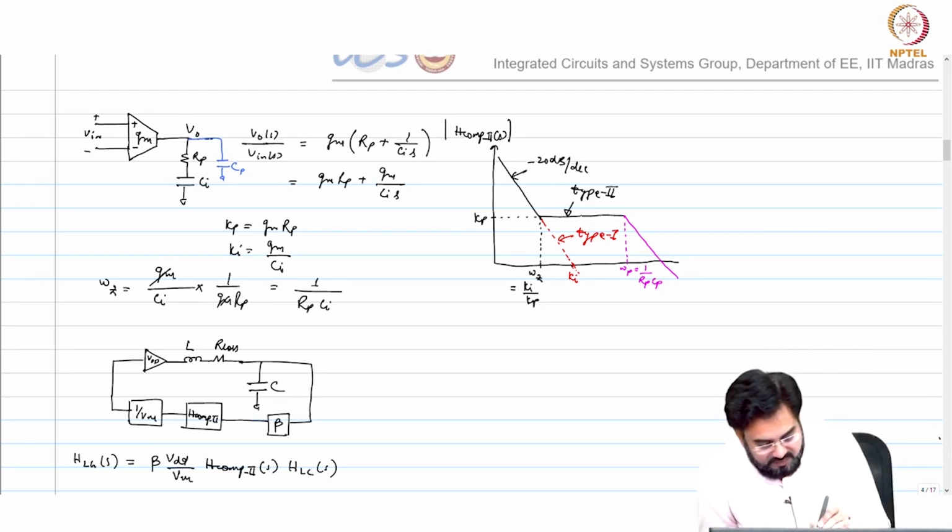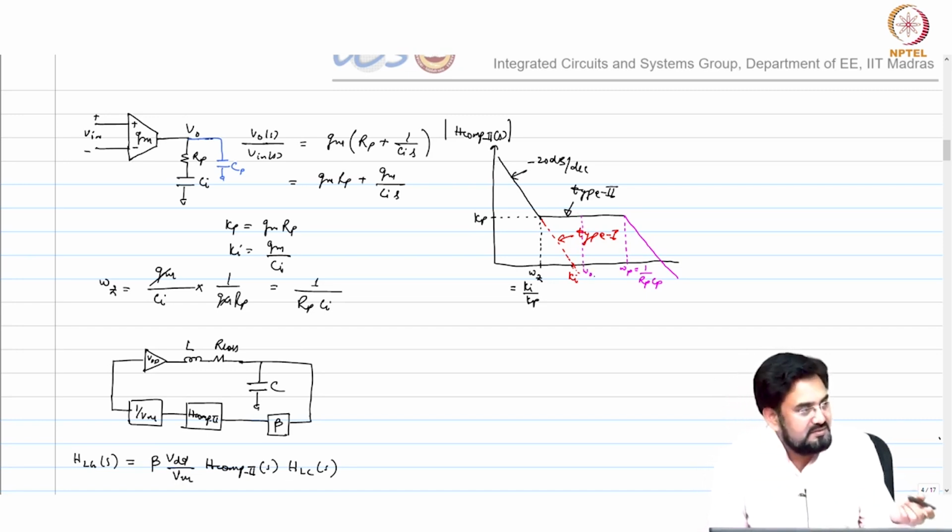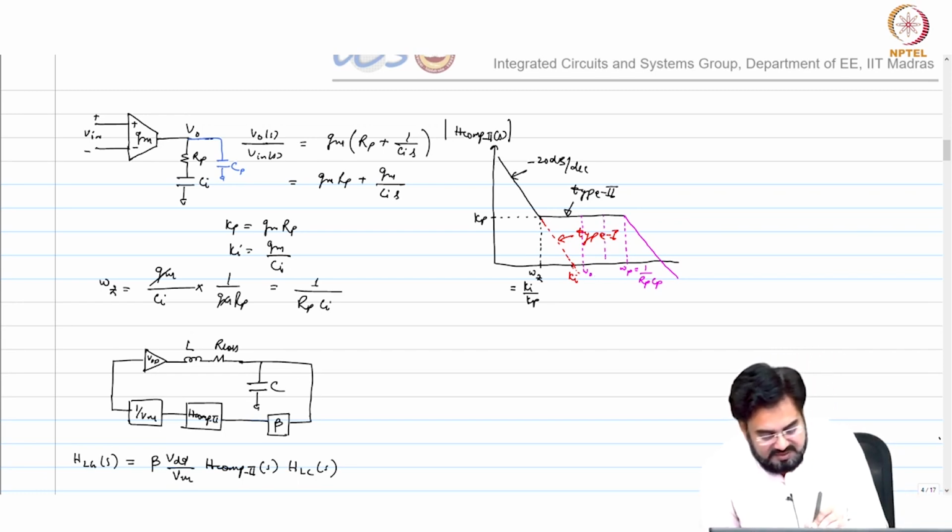So, if this is your omega naught, which is nothing but resonance frequency, then your UGB will be somewhere here.